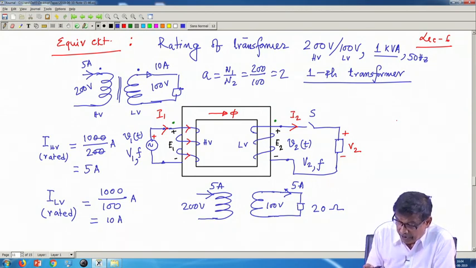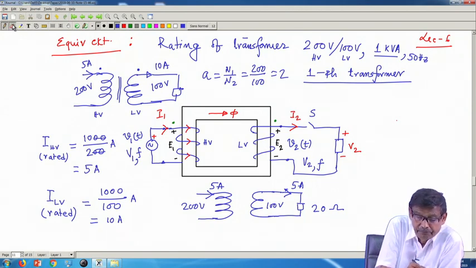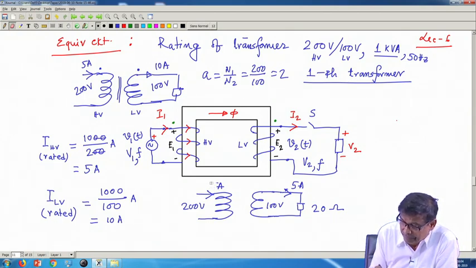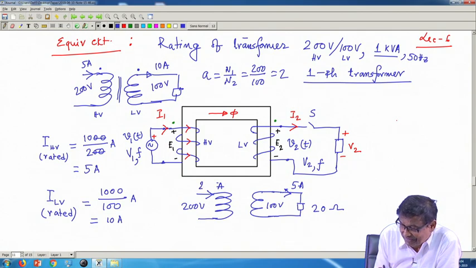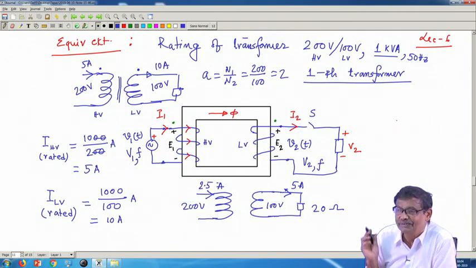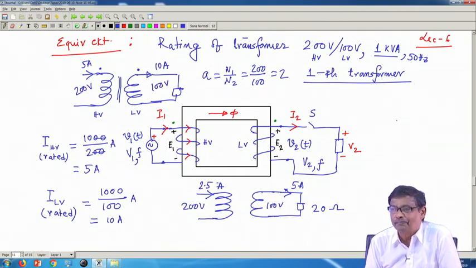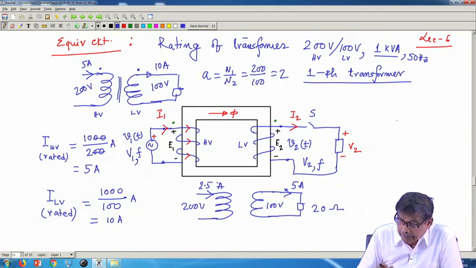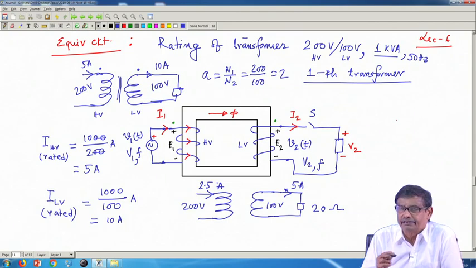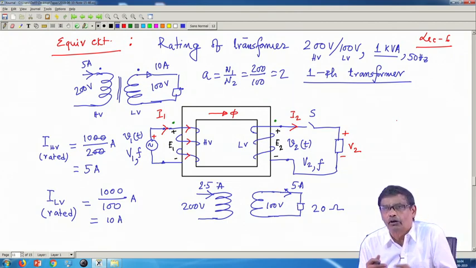But if it is 5 ampere, this current will become 2.5 ampere, because it will be always half. So, several simple but important things. This should be in your mind always.